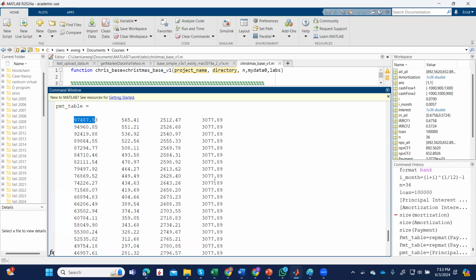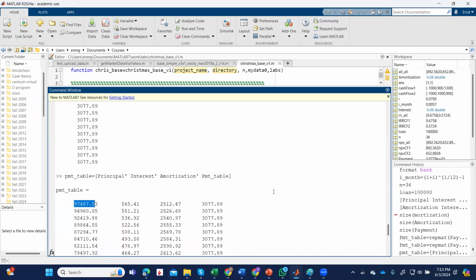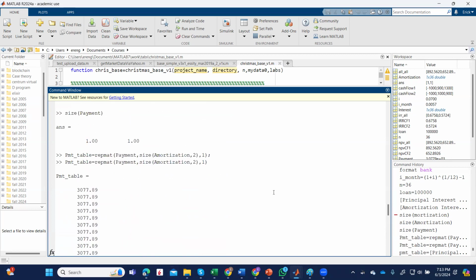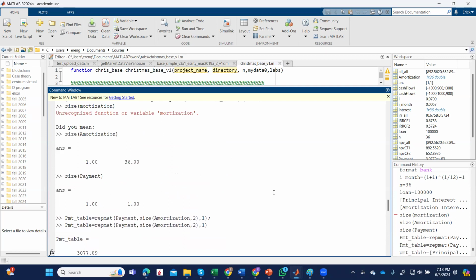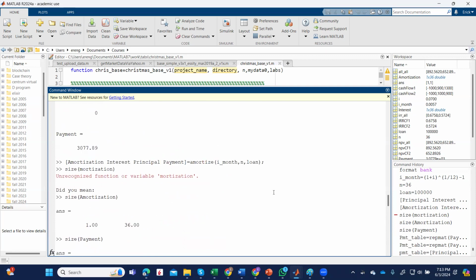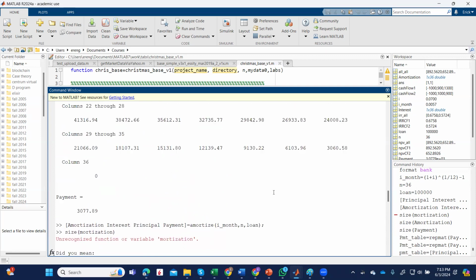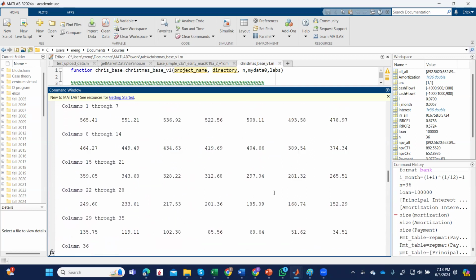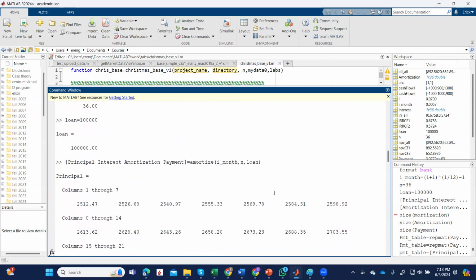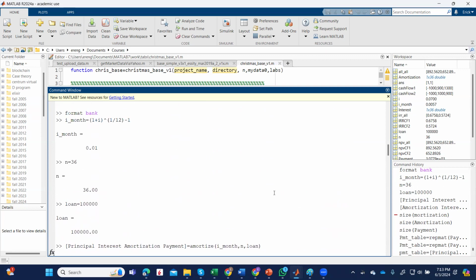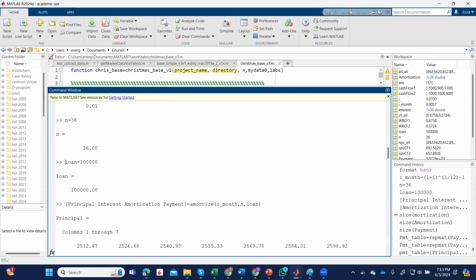Professor, sorry, could you just scroll back up to when you made the variables? Yeah, I'm going up, and up. Here. Yeah, principal, thank you. Loan. Yeah, loan.